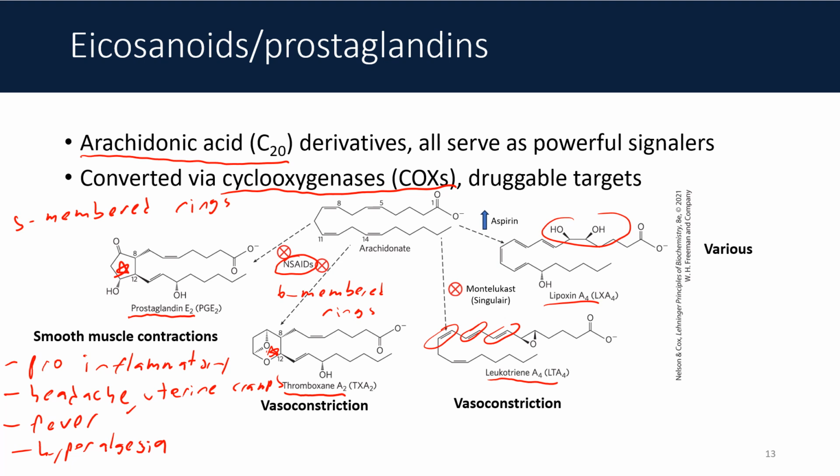Moving on to the thromboxanes, what these are famous for is localized vasoconstriction. You know when you get a paper cut and you're like, oh, maybe it's not going to bleed, and then seconds later it does? We call that hemostasis.